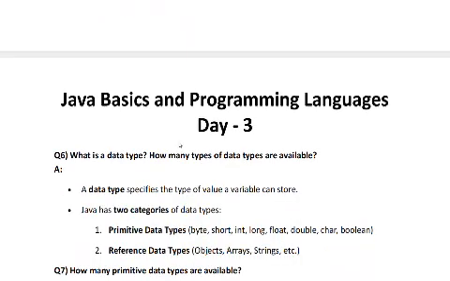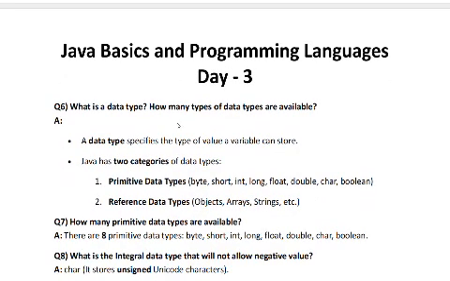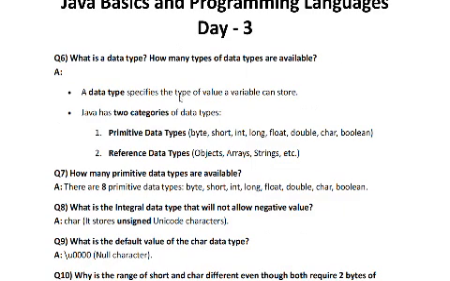Next, coming to the sixth question: what is a data type? How many types of data types are available? First of all, we need to know what a data type is. A data type specifies the type of value a variable can store.